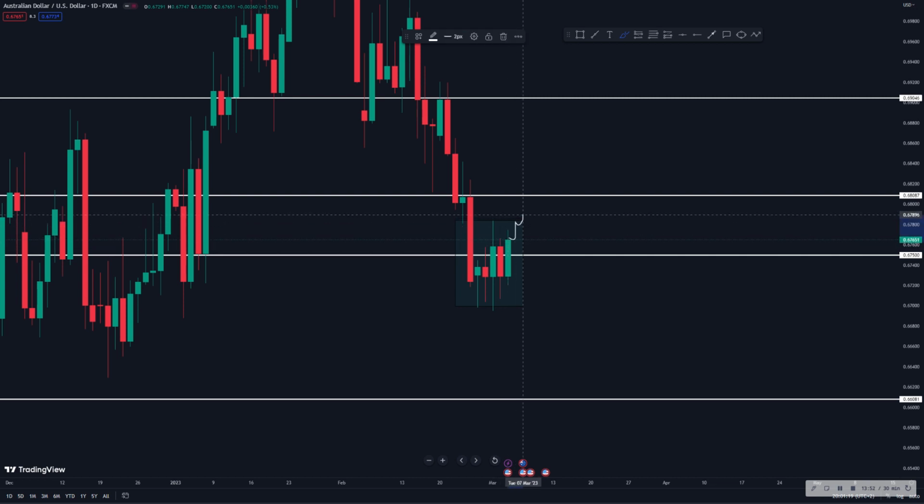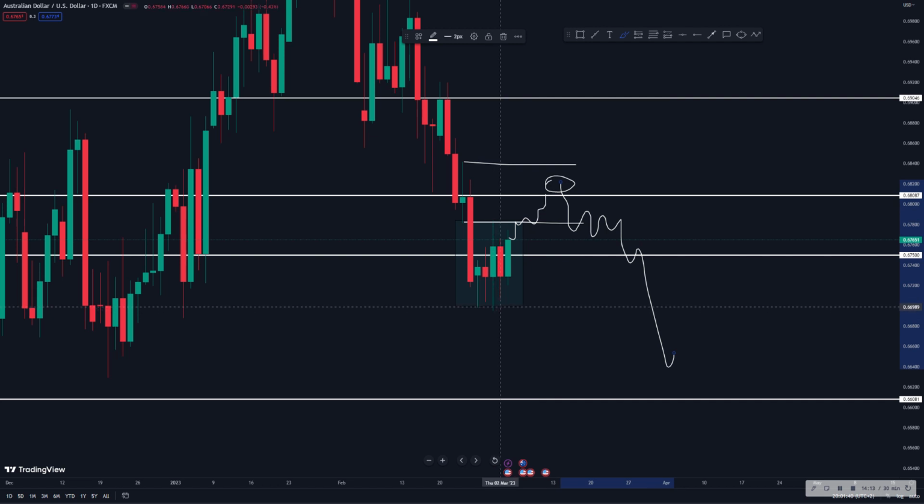We could see potential further mitigation of this supply here, right? Now, if price gets in here and we see a possible change of character upon the supply area, and we could see price breaking down below here, we would look for it to continue selling short, and that would be a corrective type pattern that we'd be looking at, right?